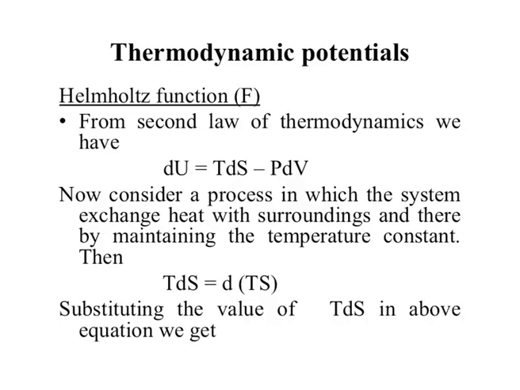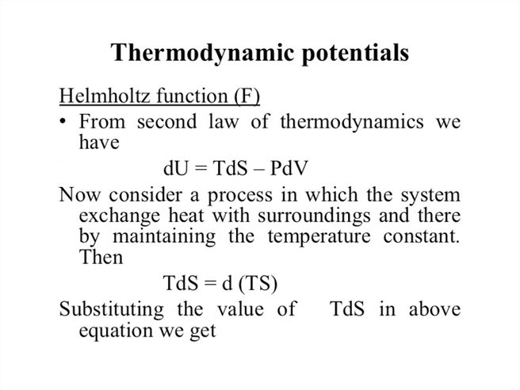Then we have the second thermodynamic potential, the Helmholtz function F. From the second law of thermodynamics, we have du = TdS - PdV. Now we consider a process in which the system exchanges heat with the surroundings while maintaining the temperature constant.